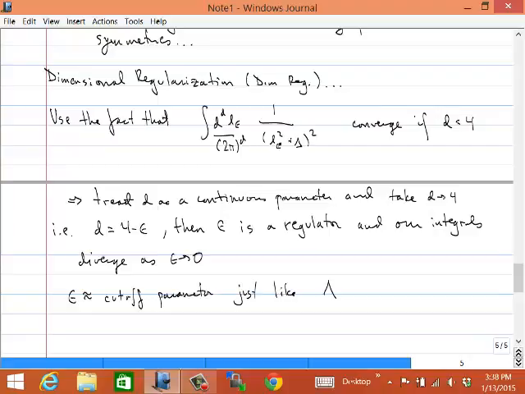Now, we're not actually imagining that our field theory is in 3.9 dimensions or 4.1 dimensions or something like that. There are actually people who try and do that, but we're not going to. What we're really doing is just using this as a calculational trick to control the divergences in these integrals in a systematic way.